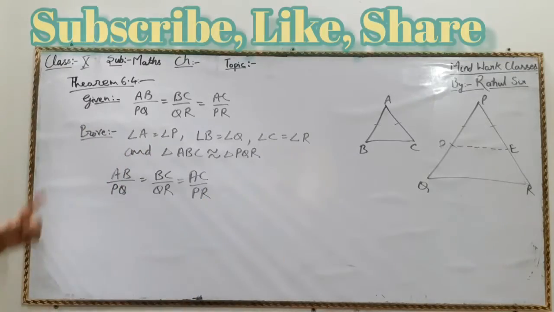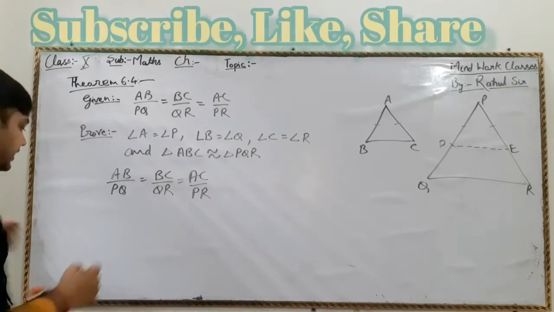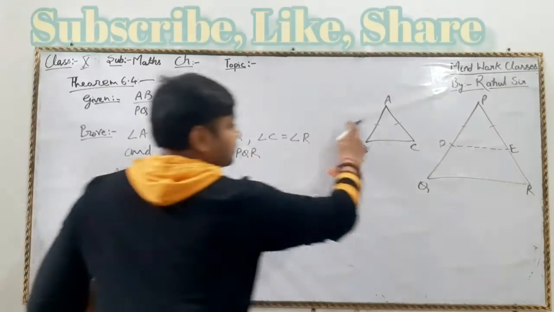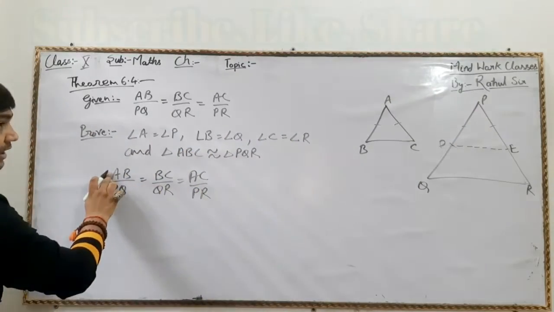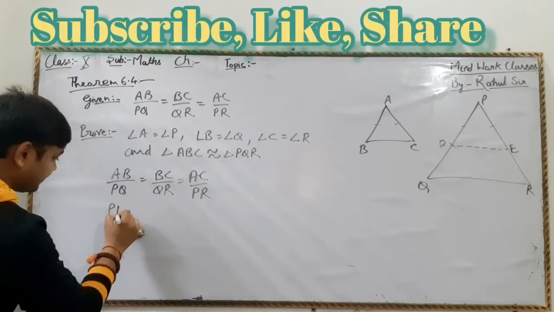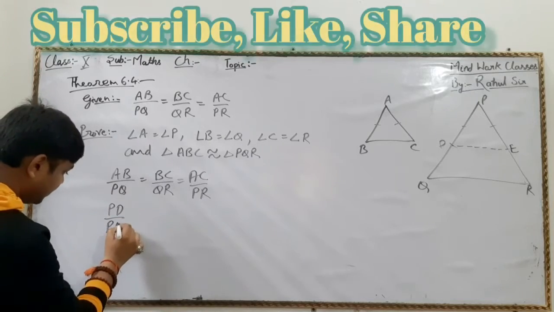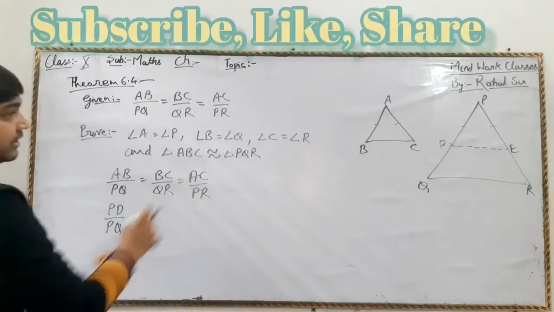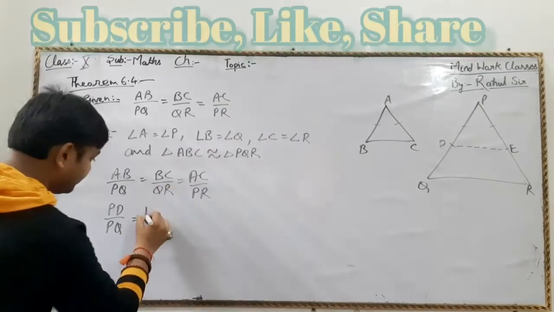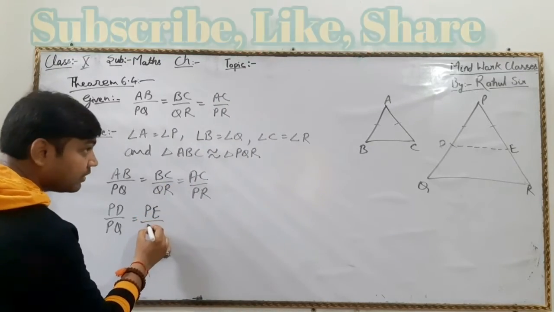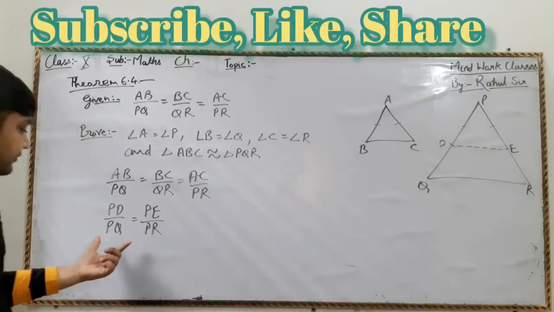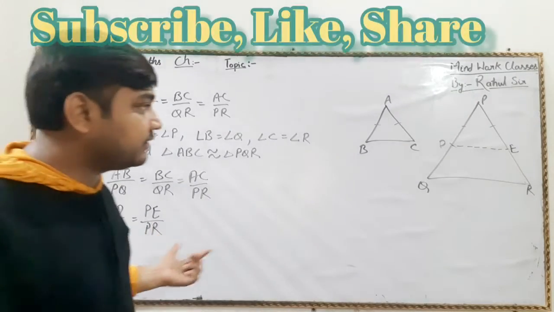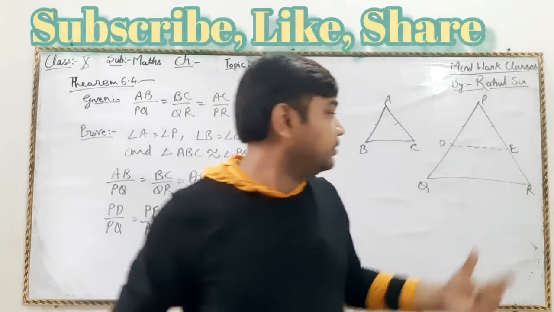Now from construction we know that AB is equal to PD and AC is equal to PE. So in place of AB we can put PD, and PD upon PQ is equal to, in place of AC we can put PE upon PR.